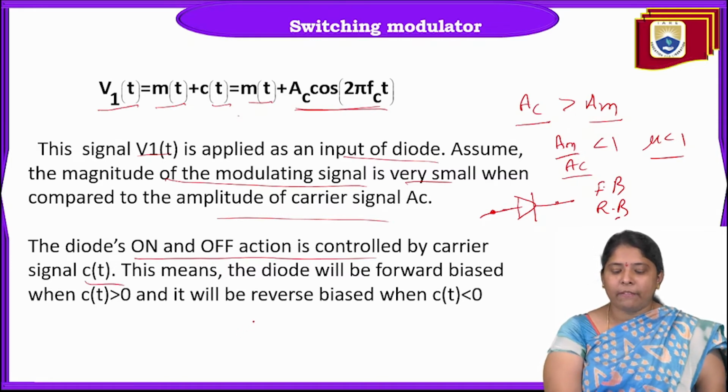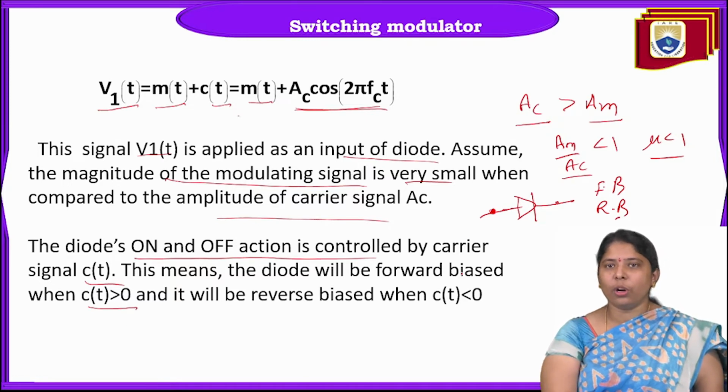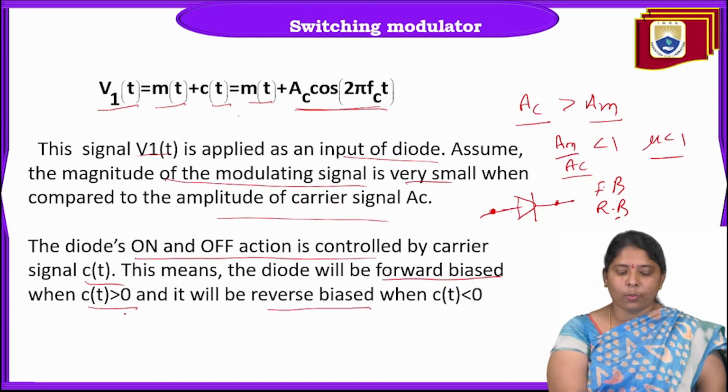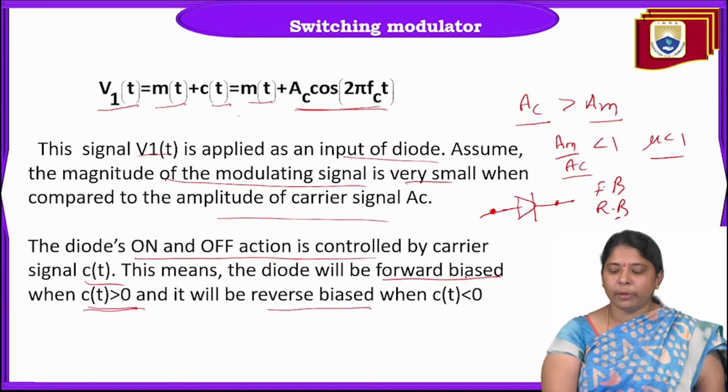We know when C of t is greater than 0, that means the potential at the anode is more, so the diode is in forward bias. And when the potential at the cathode is more, it becomes reverse bias. So when the carrier is positive, the diode becomes forward bias, and when the diode is forward bias, the switch is closed.